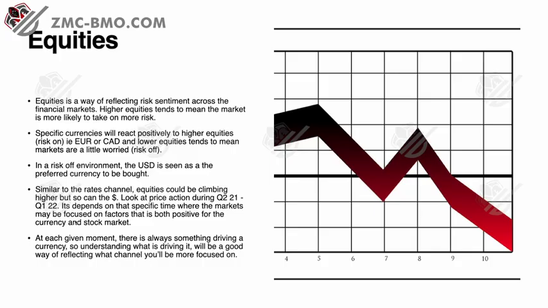However, on the other side of the equation, it was also really positive for the currency, because in that scenario inflation rises and the economy expands very rapidly. That naturally means higher interest rates, which is positive for the currency through the rates channel as well. So that's a good way of reflecting it.